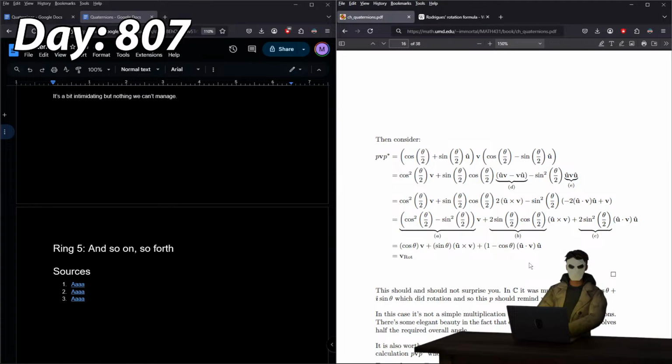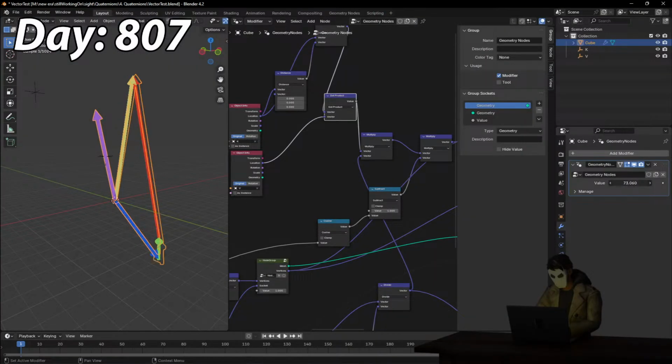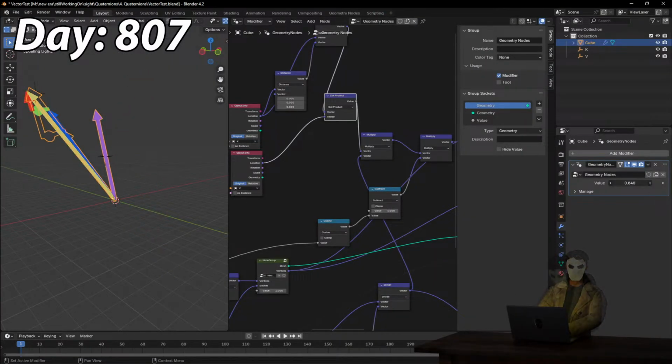Why do we multiply by a dot? Phenomenal question. Why do we multiply by a dot?